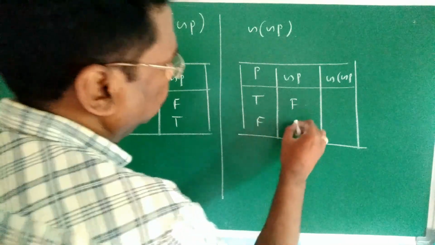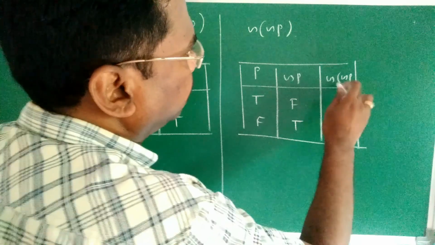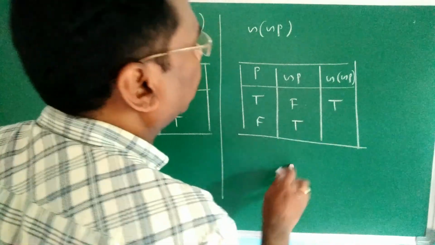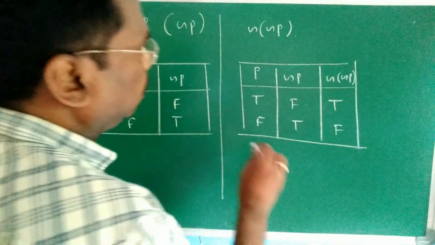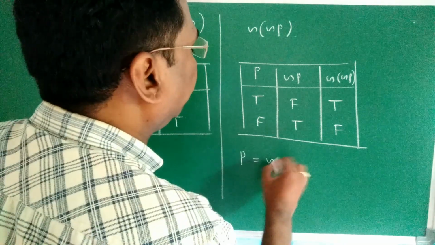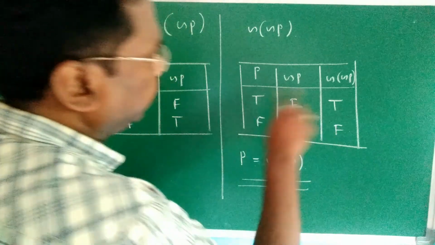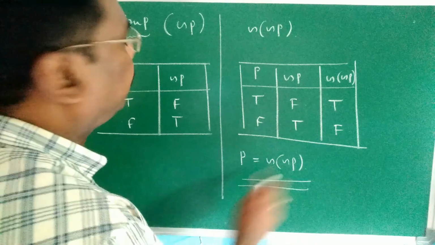Here false, this one true. Okay, now here negation of negation P. Here false means this one true. Okay, now here true means this one false. Therefore, P is equal to negation of negation P. Now according to the truth table, P is equal to negation of negation P.